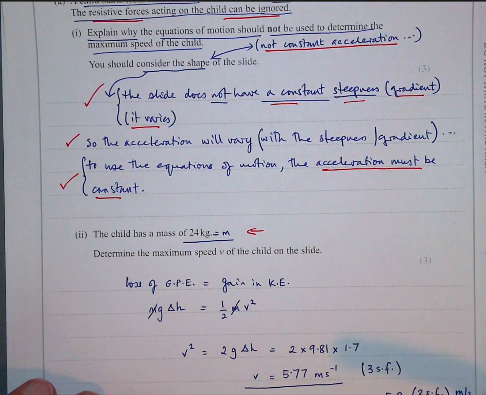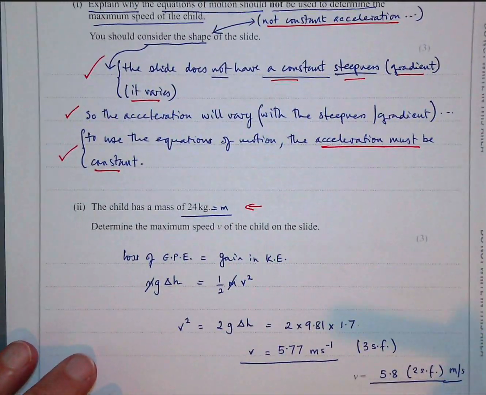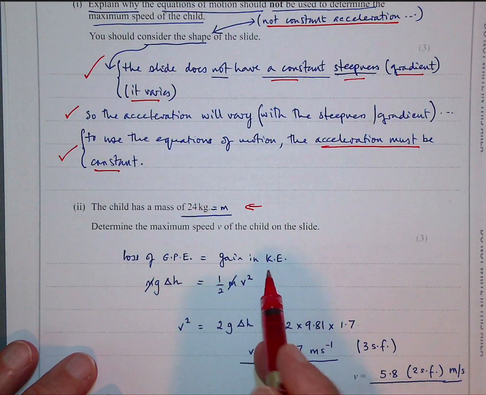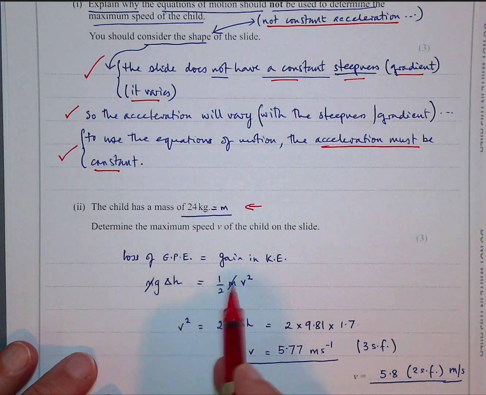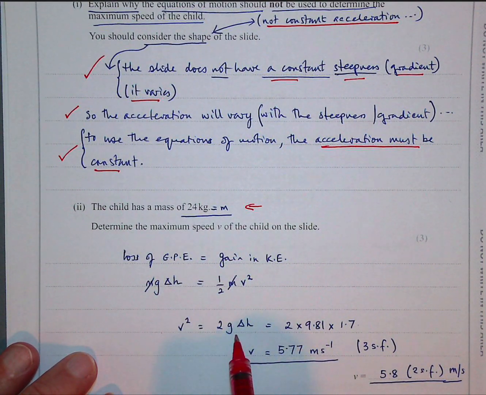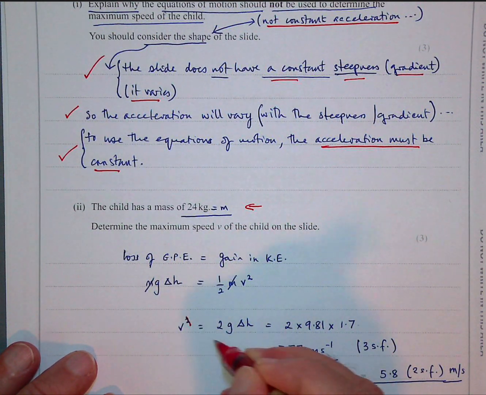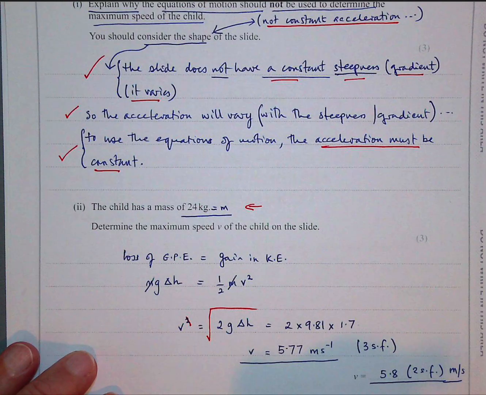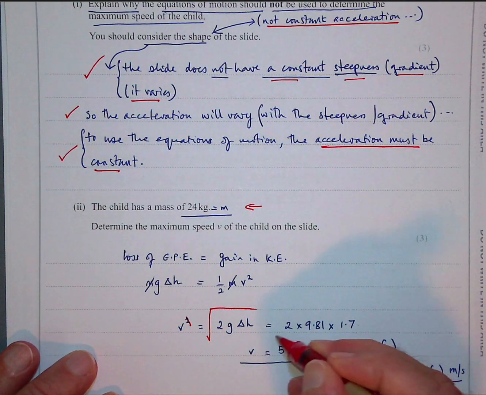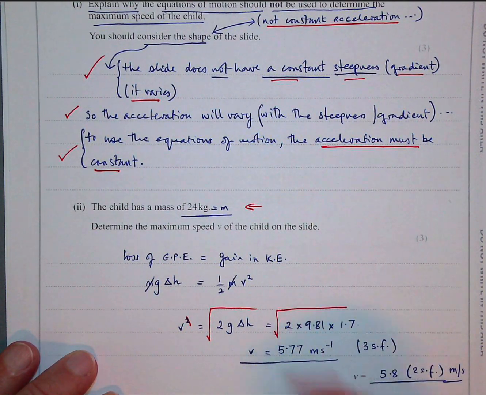So once you know what I've just shown you on the diagram, the loss of GPE is the gain in kinetic energy, equate them, cancel out the masses, v squared will be equal to 2gh. So taking the square root, v will be equal to the square root of 2gh. You do that, you square root it, and you'll get 5.77 meters per second if you're using 3 significant figures.